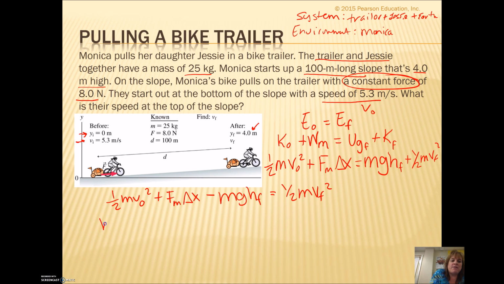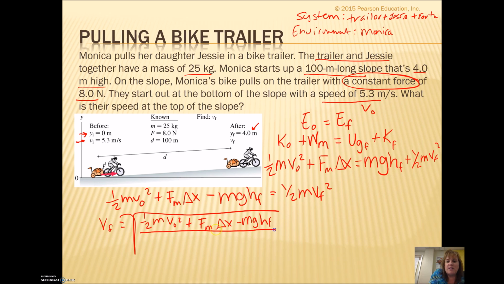So that means my final velocity is going to be the square root of 1/2 m v_0 squared plus the force Monica applies times the distance minus m g h final, all over 1/2 m.